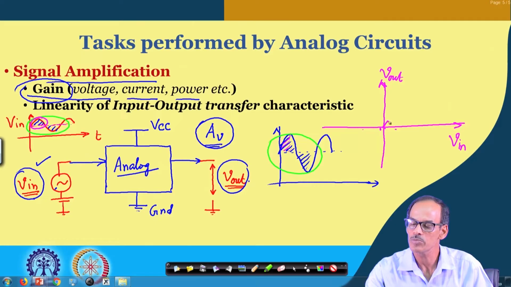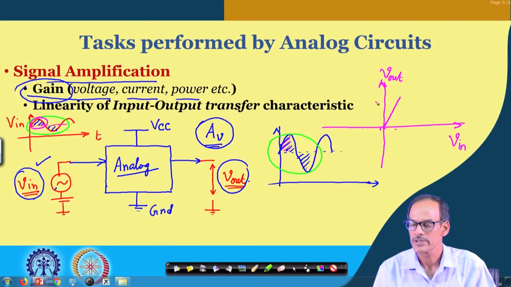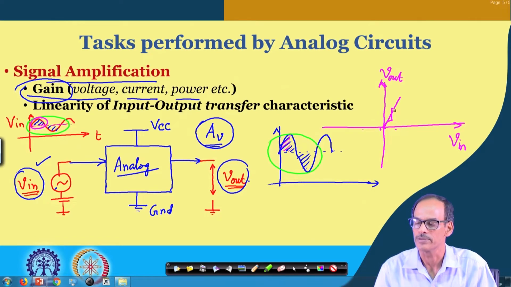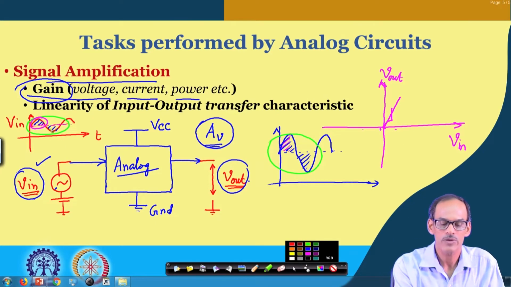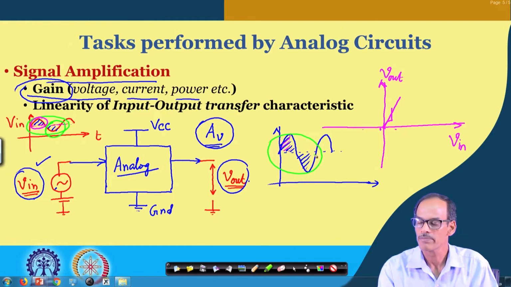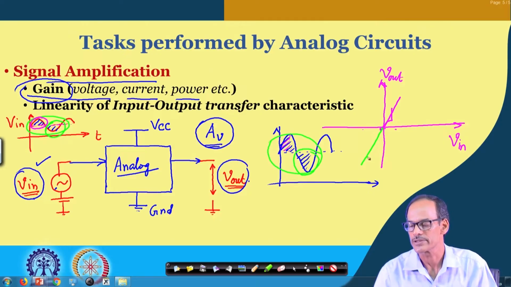If the x axis and y axis have the same scale, the slope of this line, if we are expecting a gain, will be much higher than 1. Likewise, whenever the signal is negative, we concentrate on this part and the corresponding output is here, and in the input to output transfer characteristic, the curve will be like this.